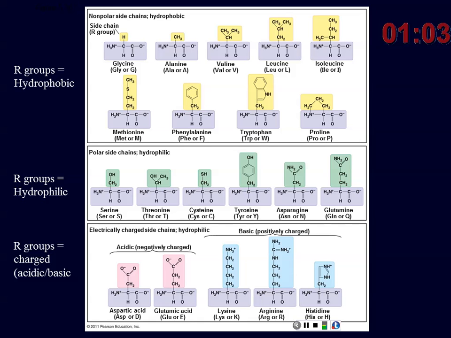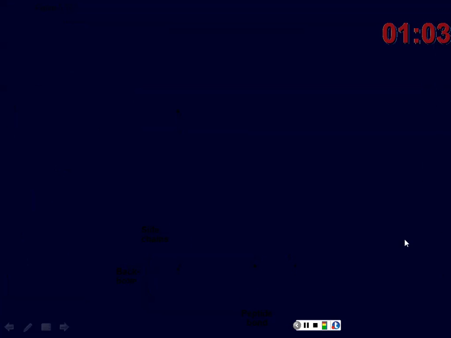All of these side chains are hydrophobic. All of these are hydrophilic, and these side chains are charged. They're acidic or basic. So the side chain, or R group, has properties associated with it.